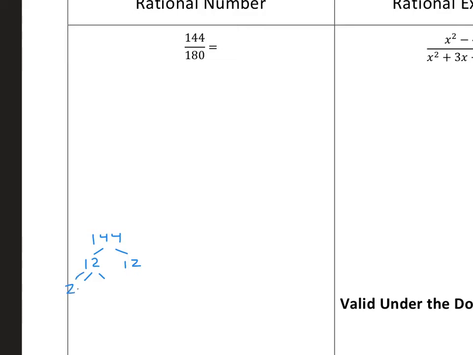So I've got 2 times 2, that gives me my 4, times 3, and I have the same thing over here, 2 times 2 times 3. So I can rewrite the number 144 with all of its factors. I've got 4 2's, and I've got 2 3's.